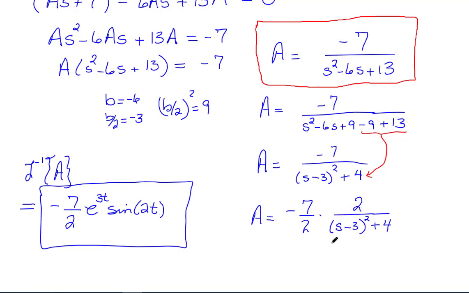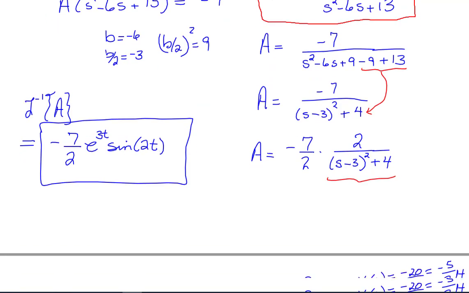And so now this piece looks exactly like a shifted sine where k is 2. So here's the shifted part. Here's the constant out in the front. Messy, yes, and again just manipulating till it fits our particular format.